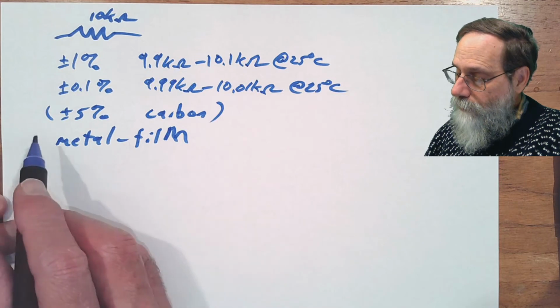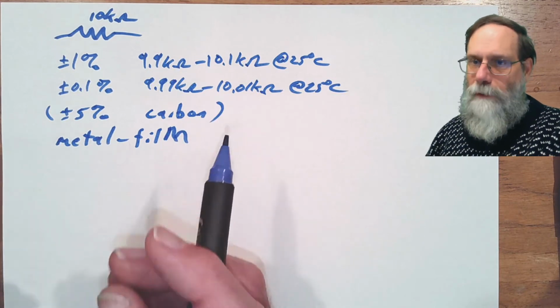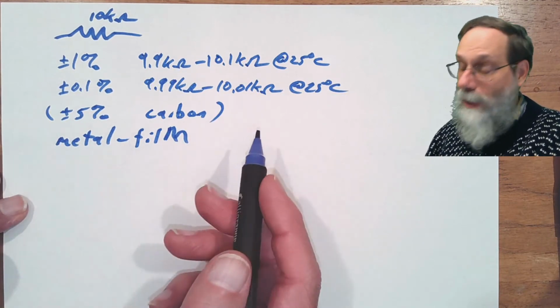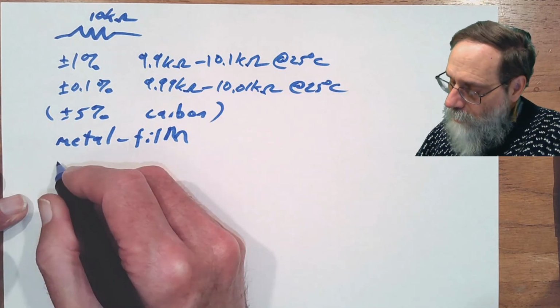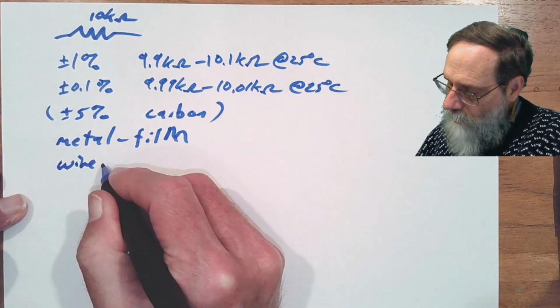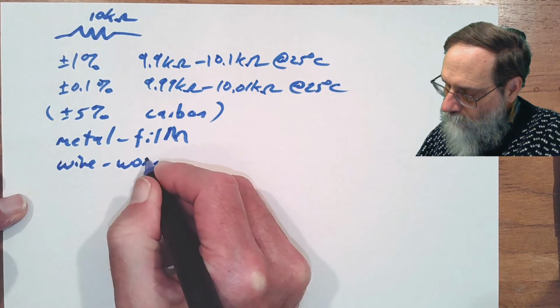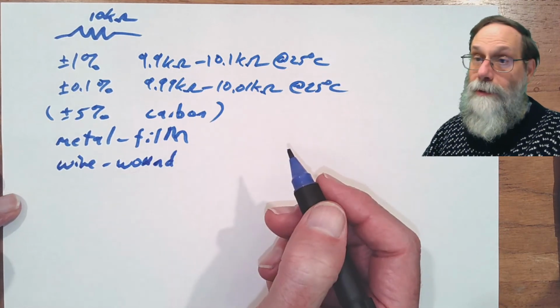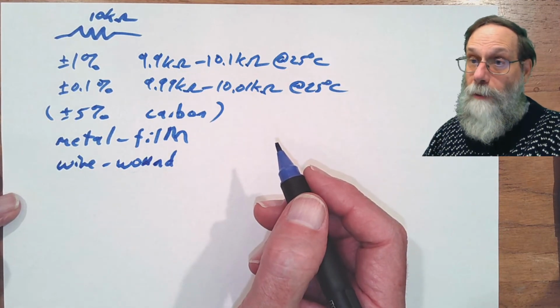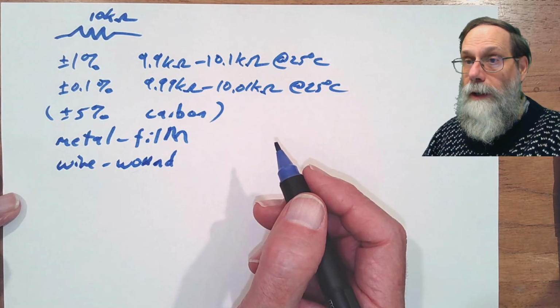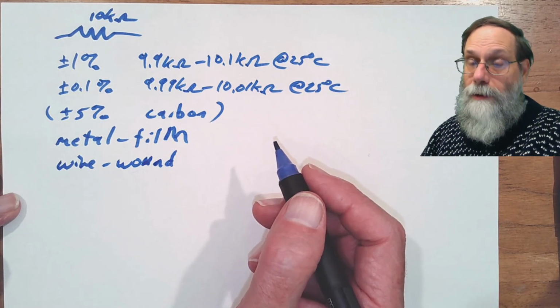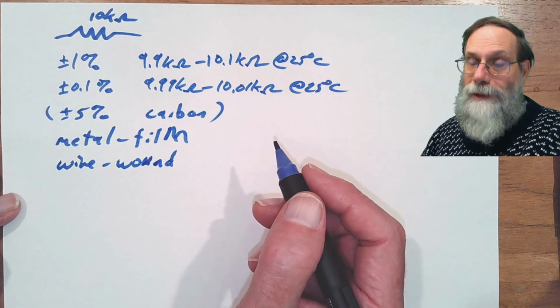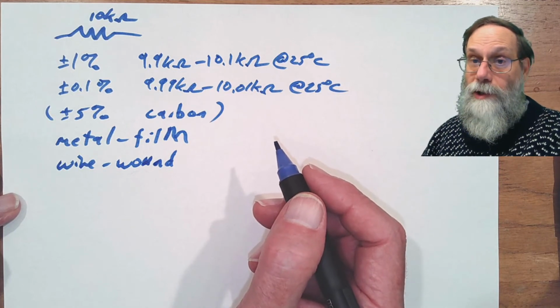The carbon one is more of a block of material. There's another type called wire wound, and this is probably an older technology than either the carbon or the metal film one. You just take a length of a fairly resistive metal and wind up a big length of it in order to get the resistance you need.